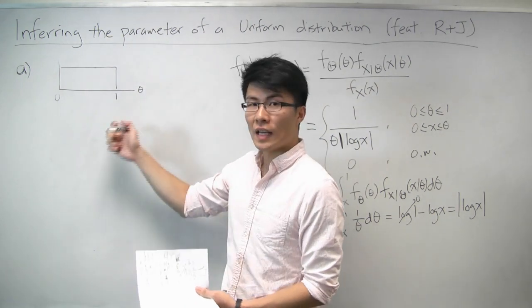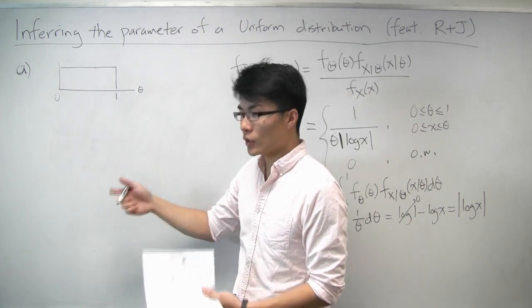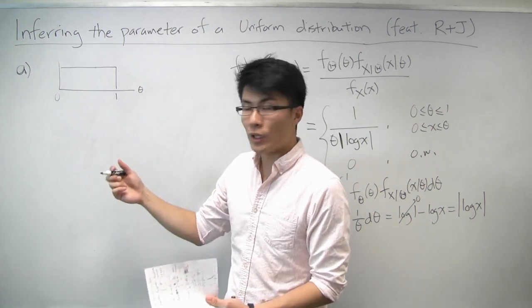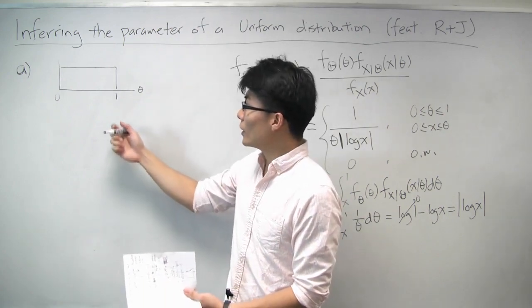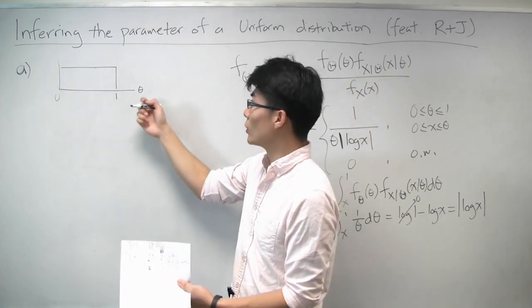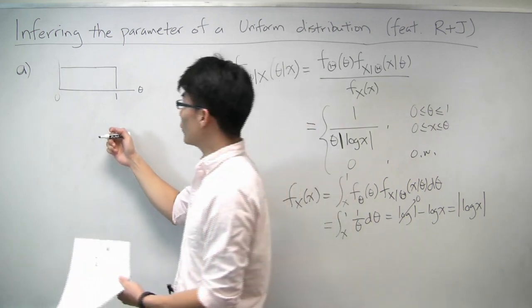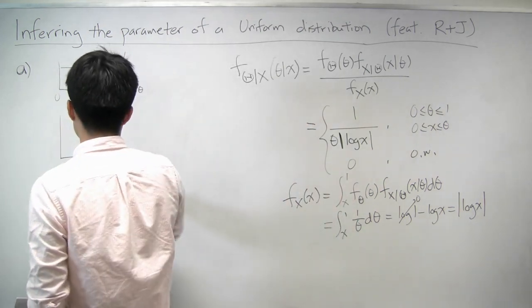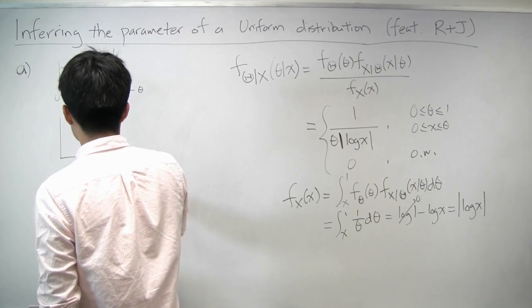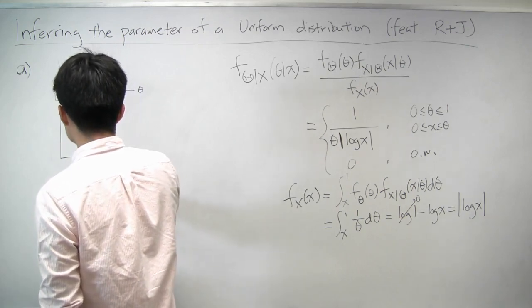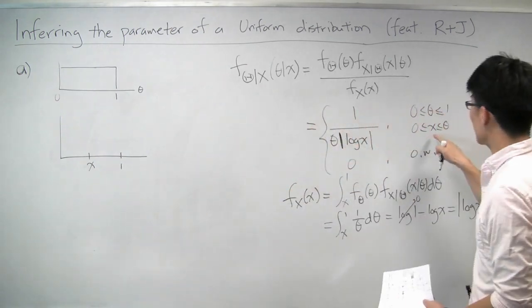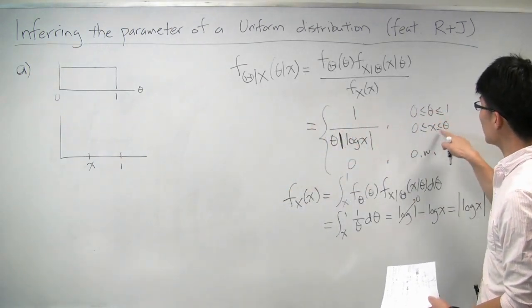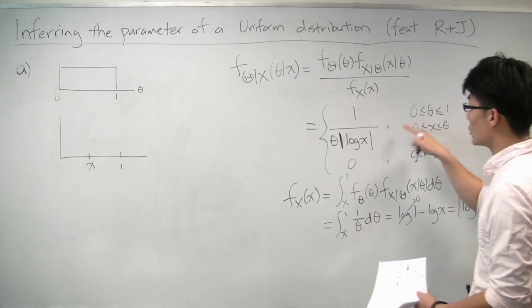Because if theta were less than half an hour, there's no way that her delay, remember her delay has to be distributed between 0 and theta, could be half an hour. So automatically we know that now theta has to be somewhere between x and 1, which is where this limit comes in.